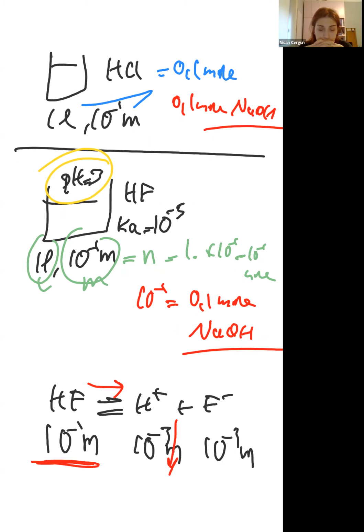Because we may say that the pH for a weak acid can be stated as the free hydrogen plus concentration, but we have plenty more not ionized. And neutralization of only free ions does not result in full neutralization.